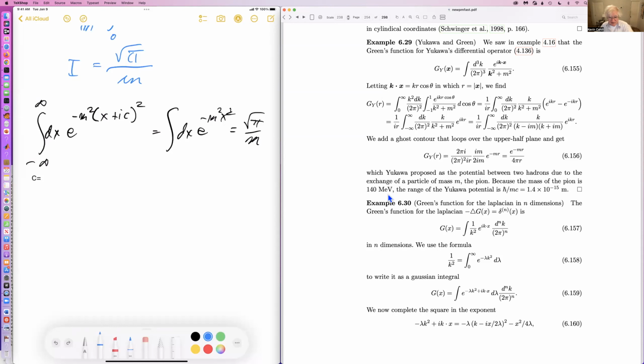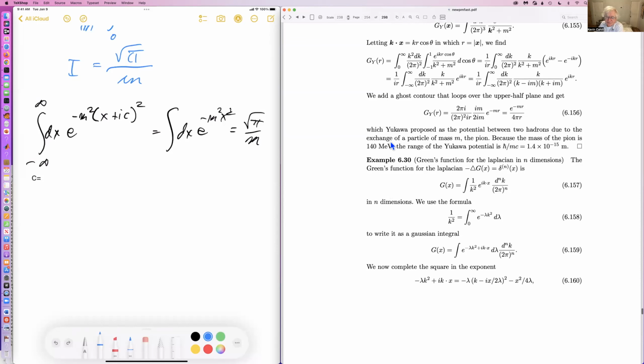Muon is about 105 MeV. The mass of the pion is 140. Of course, when I say the mass of the pion, I mean mc squared is such and such.